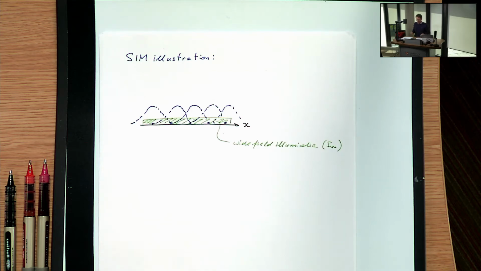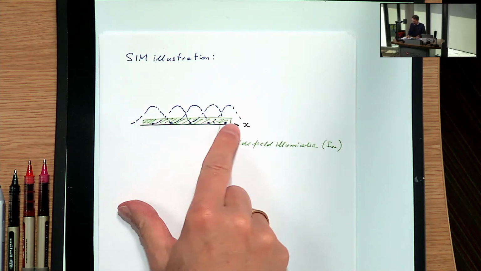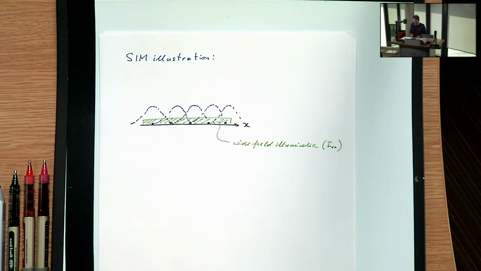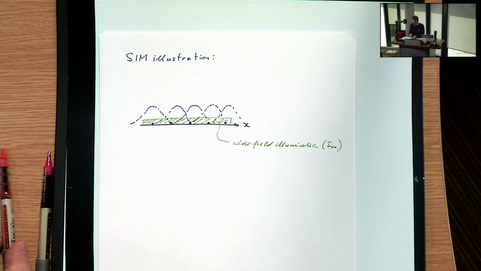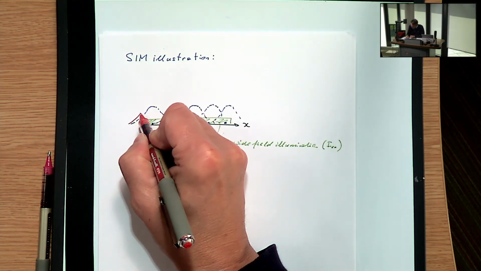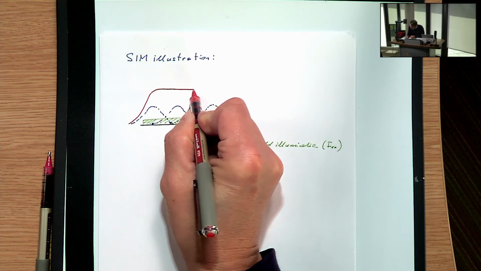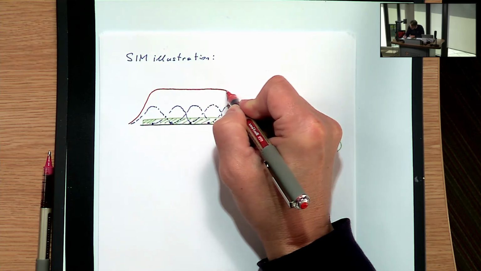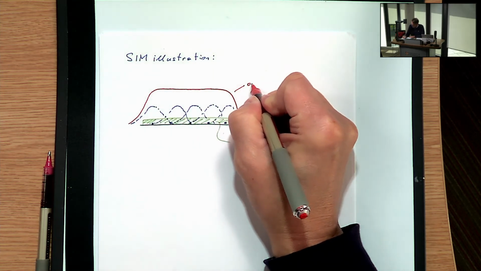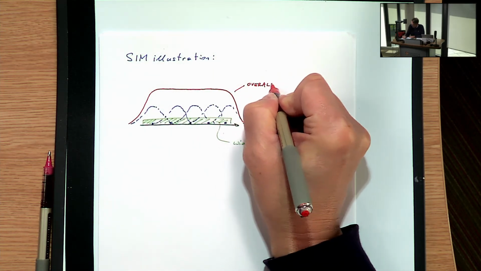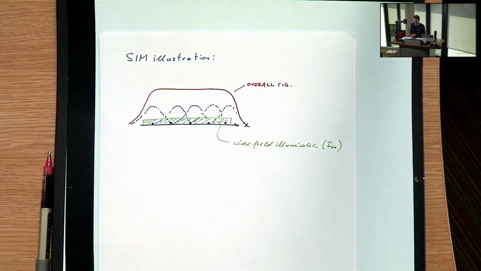And then, of course, the overall signal is just the sum of all these intensities, and that will give you perhaps an overall signal that probably looks something like that. That's the overall signal.